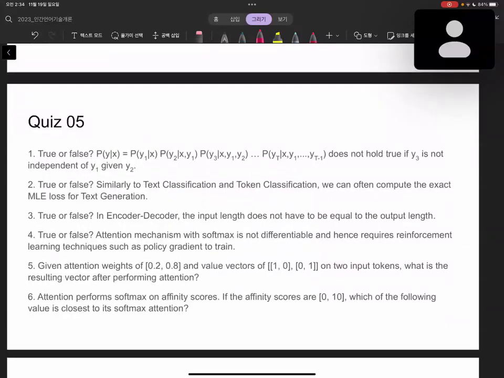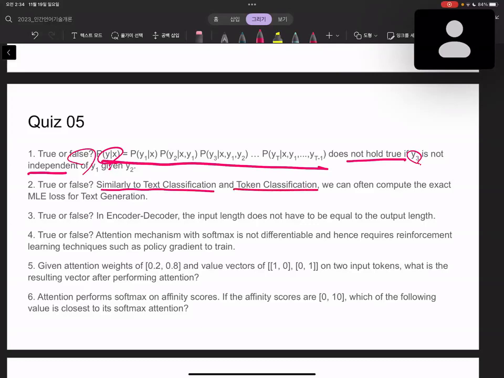Okay, so this is the quiz. This is Bayes' rule of P of y given x, and it does not hold true if y3 is not independent. Okay, this is false. This is always true because this is Bayes' rule. And similar to text classification and token classification, we can often compute the exact MLE loss for text generation.